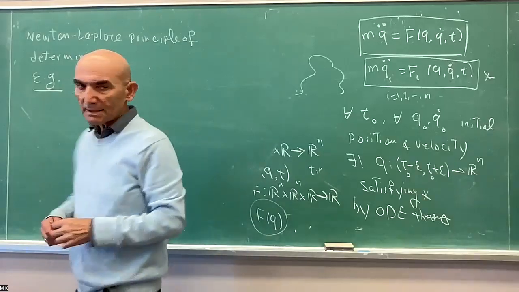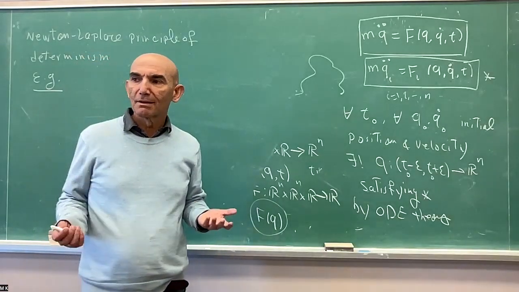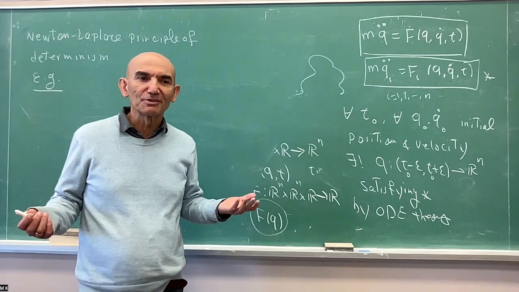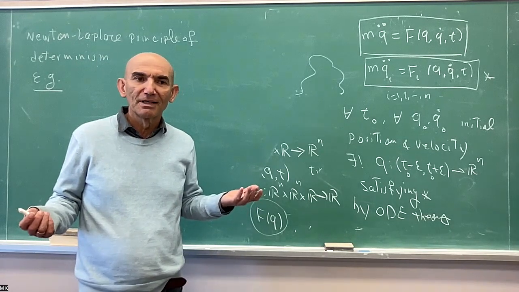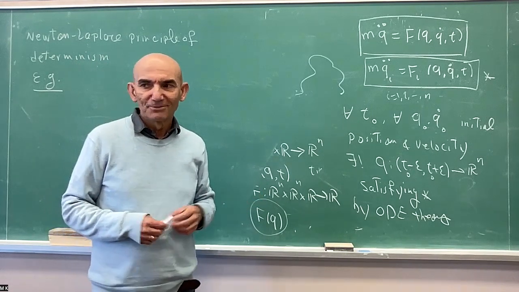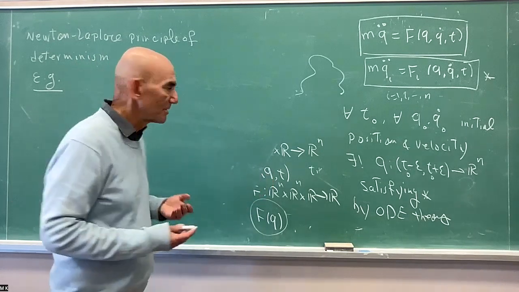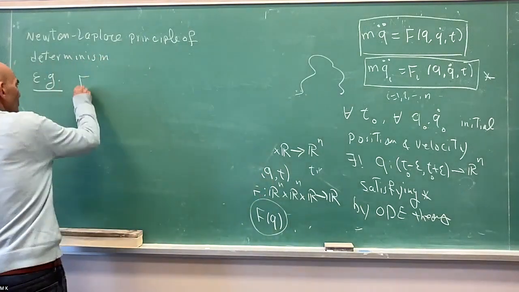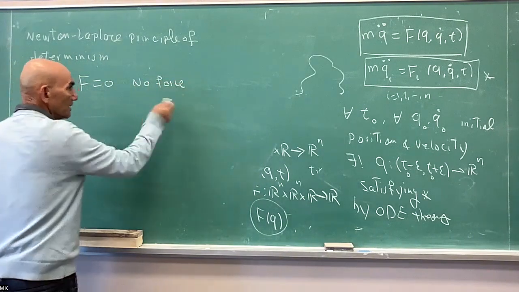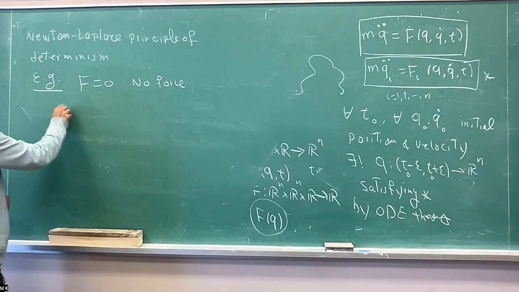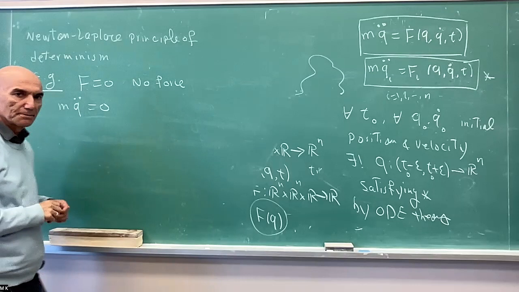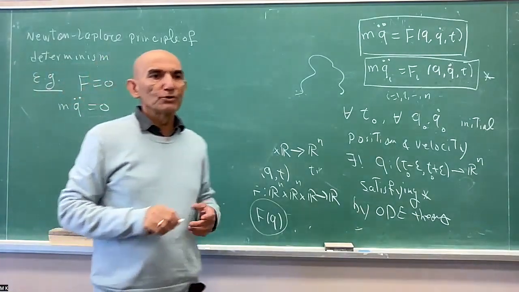Okay, so the simplest example, of course: what should we take for f in the simplest example? Yeah, f equal to 0. Exactly, no force. Then in that case, we have the equation m q double dot equals 0, and we know how to solve these equations.